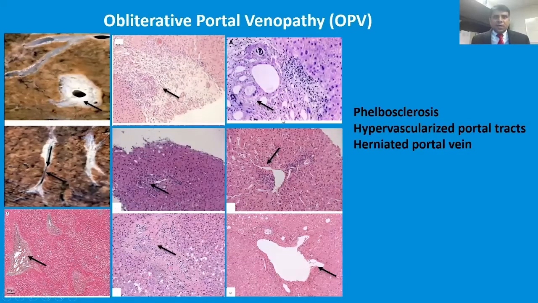Second key feature is hypervascularization of the portal tract, in which there are additional vascular lumens within the portal tract and periportal abnormal vessels, where those additional vascular lumens occur adjacent but outside the portal tract in the liver parenchyma. These are aberrant vessels. Third feature is herniated portal vein, where portal vein has extensions and direct connections with hepatic parenchyma due to thinning of vessel wall.